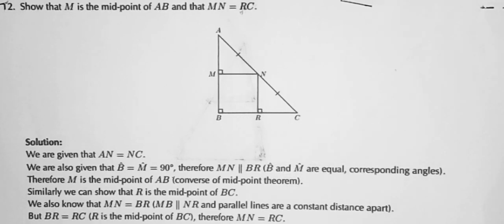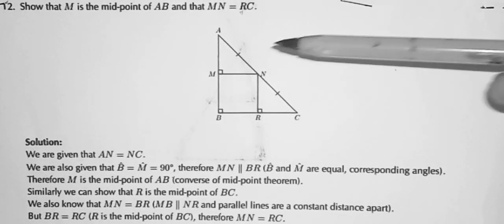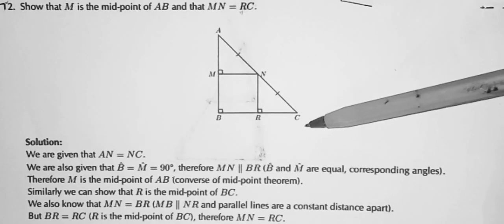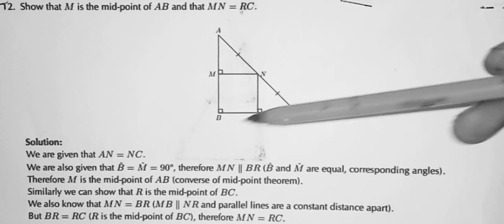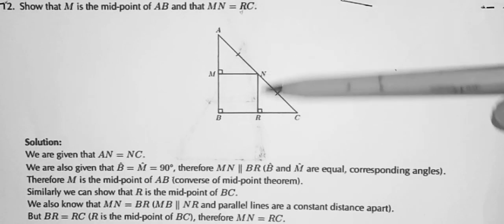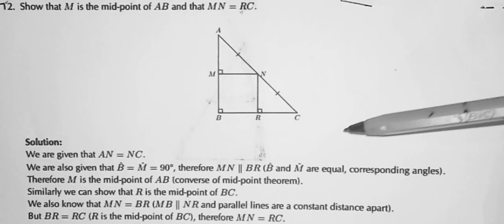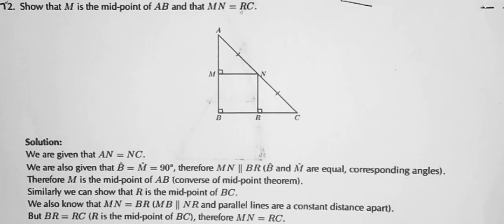R is the midpoint of BC. Therefore, MN is equal to RC, because we know that BR is equal to RC. R is the midpoint of this BC. Therefore, you're going to say that MN is equal to RC. And then you are done proving.